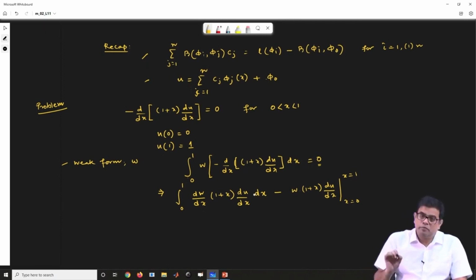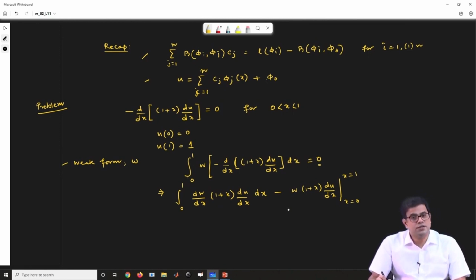The main requirement for the weight function is that it should satisfy the admissibility condition, that is, w has to be 0 at the boundaries, so this boundary term will essentially be 0 and we won't have it. So this is the weak form.